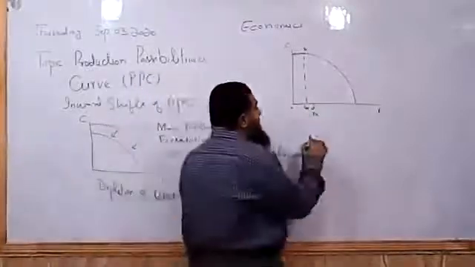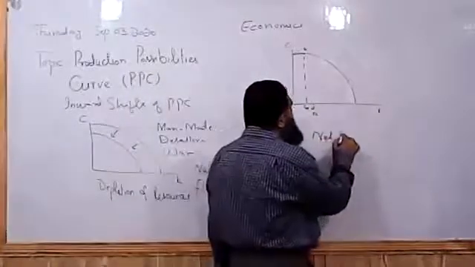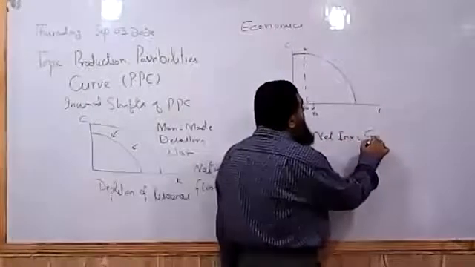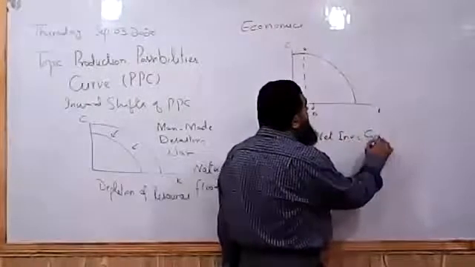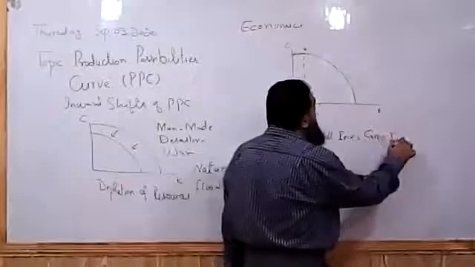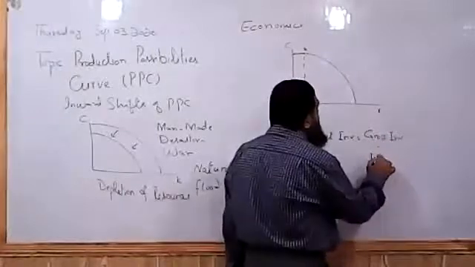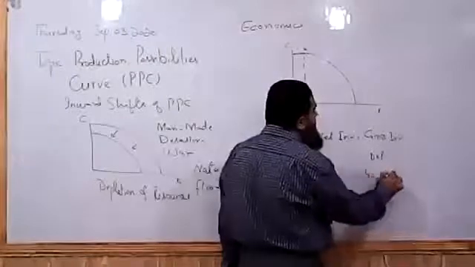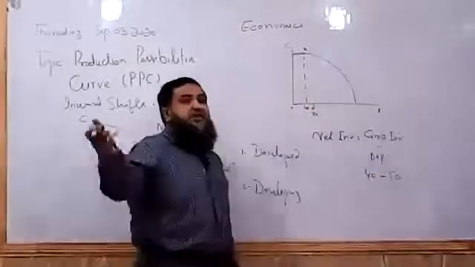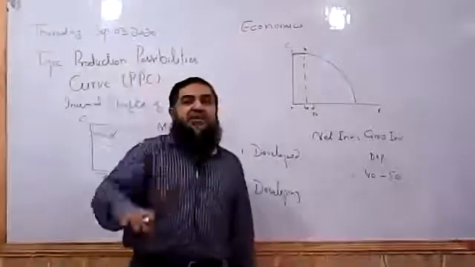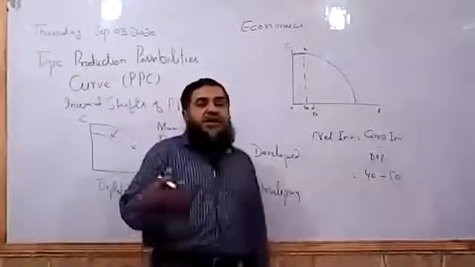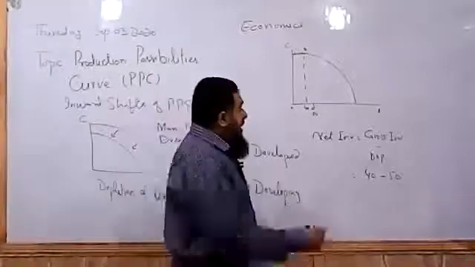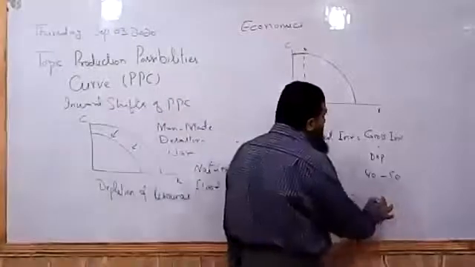So what is the net investment of a poor country? Net investment means gross investment minus depreciation. So if this country is producing only 40 capital goods, where 50 are depreciating, the previously available machinery, previously capital goods, then our net investment is minus 10.